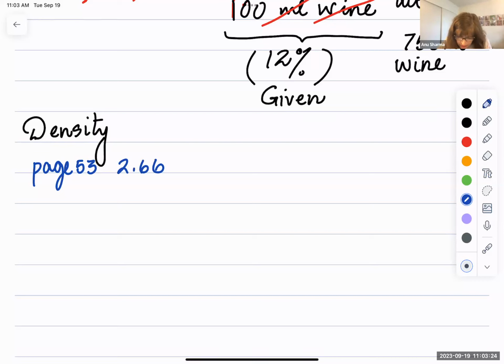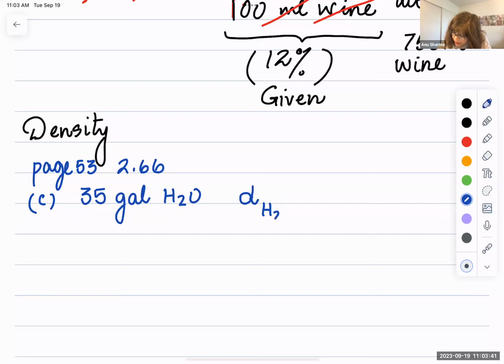So part C. Here a fish tank holds 35 gallons of water. Using the density, given the density of water is equal to 1.00 grams per milliliter, determine the number of pounds of water in the fish tank.